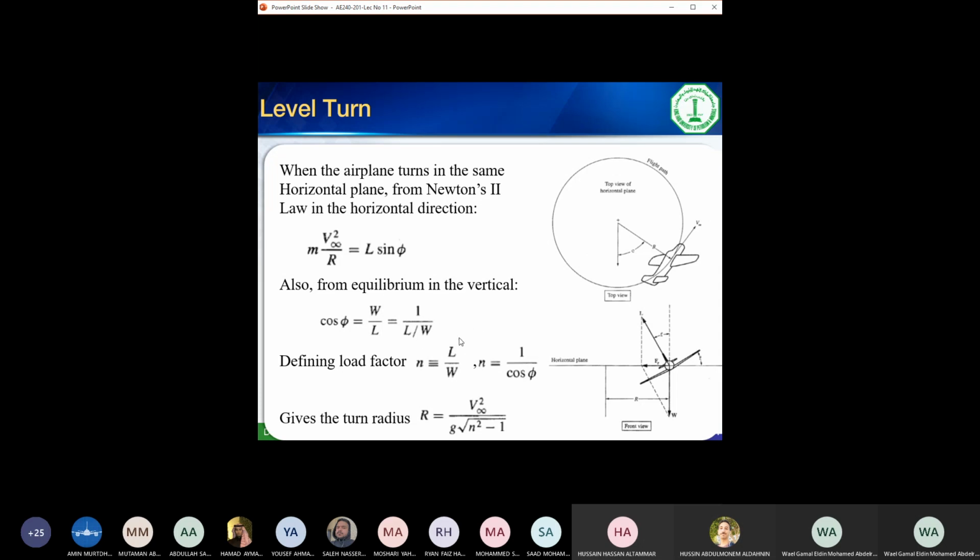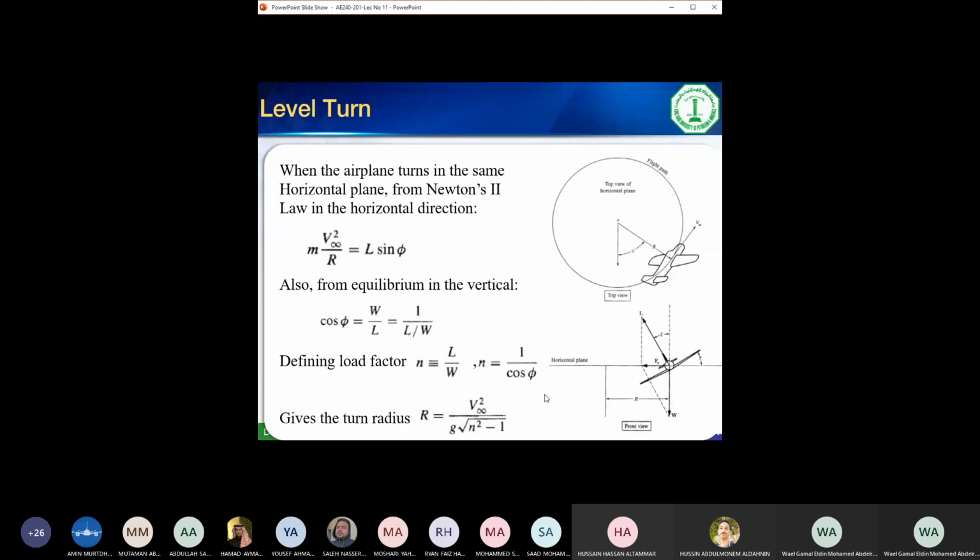Now, the L over W term is important and is defined as the load factor. So the load factor N is defined as the lift over the weight. When the aircraft was flying straight and level, as we had before, L equaled the weight, so N was 1. Now that the aircraft is turning with an angle phi, N is equal to 1 over cosine phi.